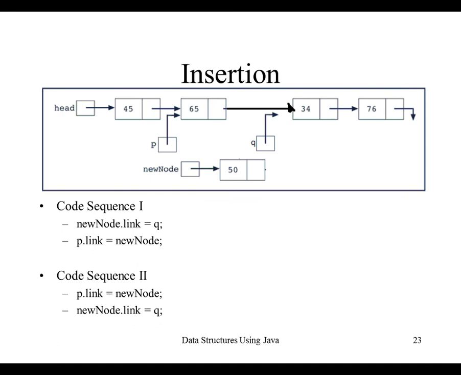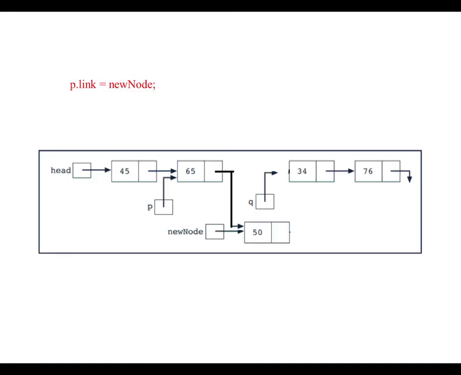p.link equals newNode, newNode.link equals q. After the statement p.link equals newNode, the resulting list is shown in this figure. Notice that p.link now points to the new node.